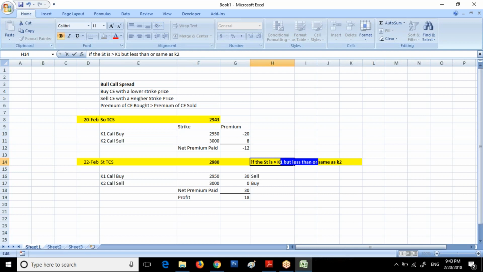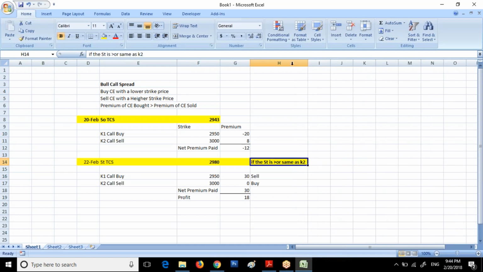So instead, if ST is greater than or the same as K2, in that situation the payoff will be K2 minus K1.